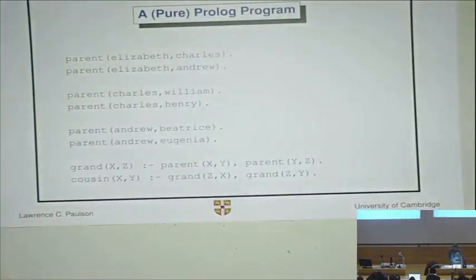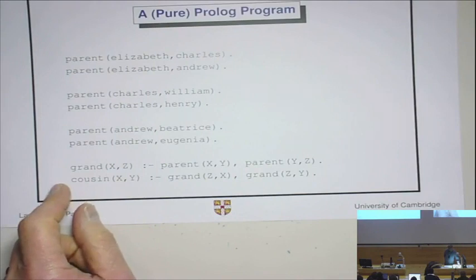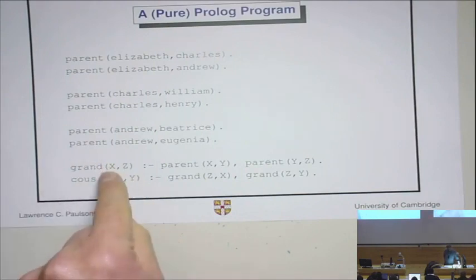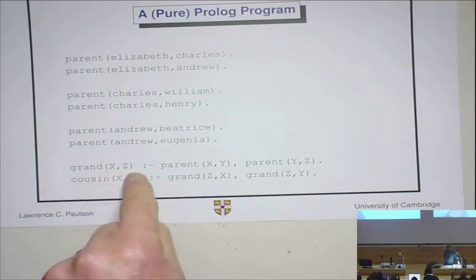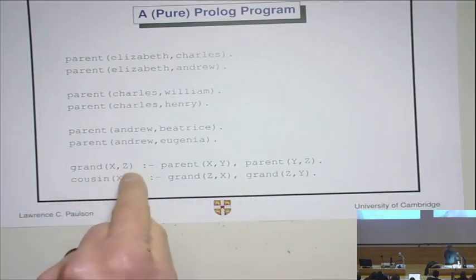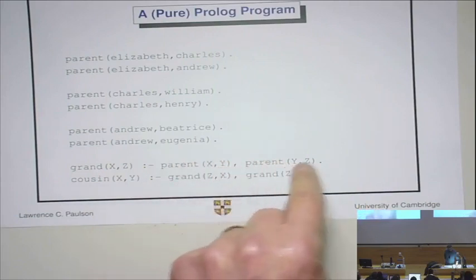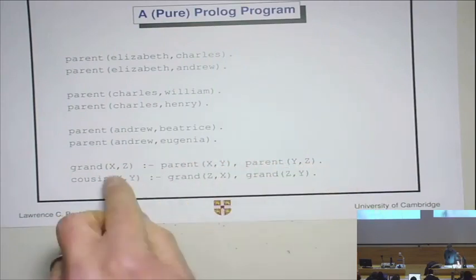Now, the way this is going to work will seem kind of cool because, as I said, intuitively, these last 2 are procedures, and it says if you want to show X as the grandparent of Z, you have to show those 2 things. And yet this is not like writing code in C or something, because I've simply said for X to be grandparent of Z, X needs to be parent of some Y, Y parent of some Z, and you see Y was not mentioned over there.